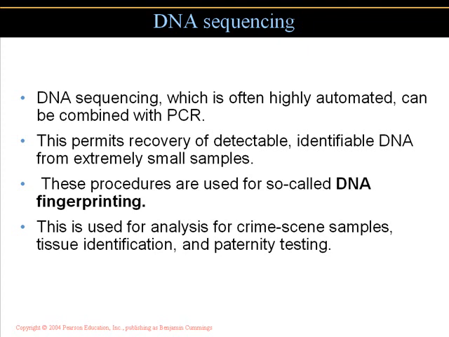This is used in the analysis of crime scenes. If you can get a DNA sample from a victim or a person who has committed a crime, we'll be able to specifically connect the person that committed the crime to the person that was victimized, just by obtaining a small DNA sample.